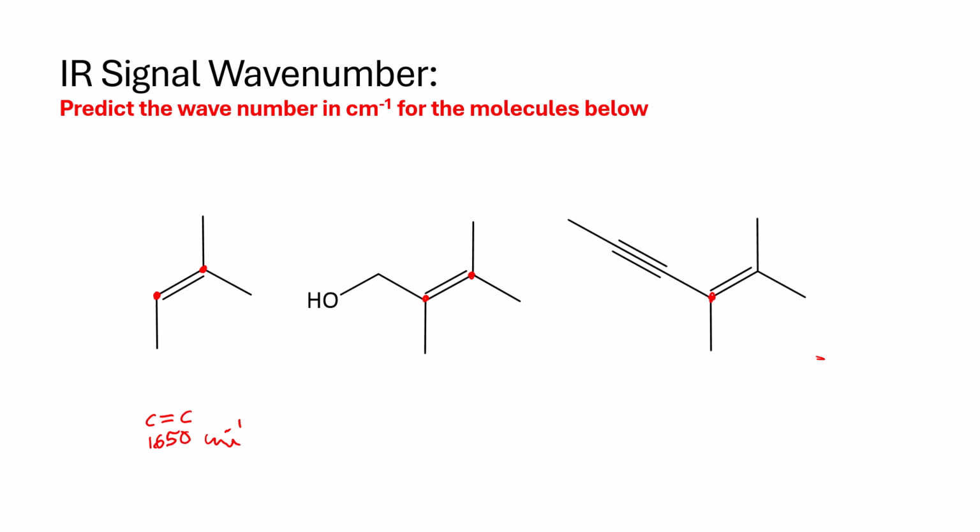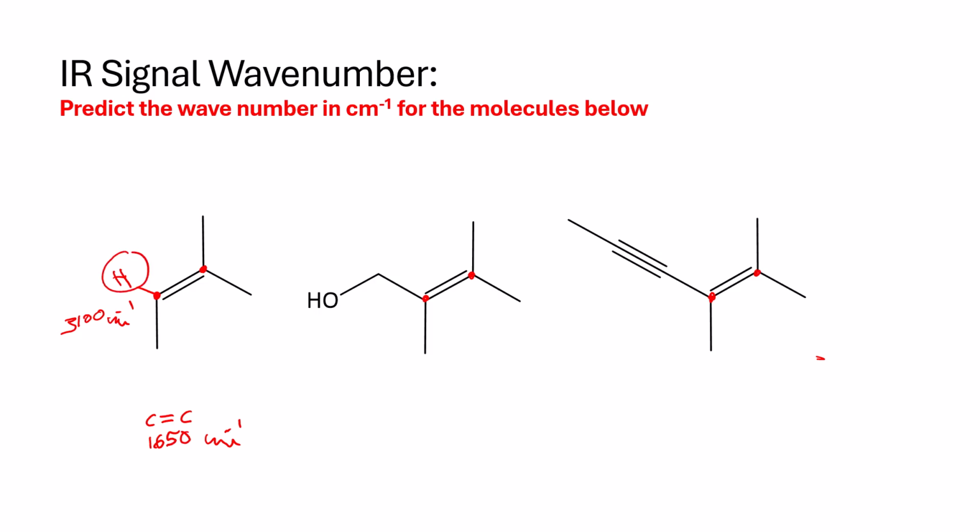And same here, I also have a double bond, but there's something different in this molecule, and that is the fact that we have a hydrogen attached to an sp2 carbon, and that will give me an absorption at about 3100 centimeters -1.